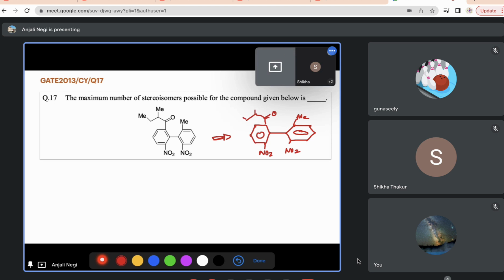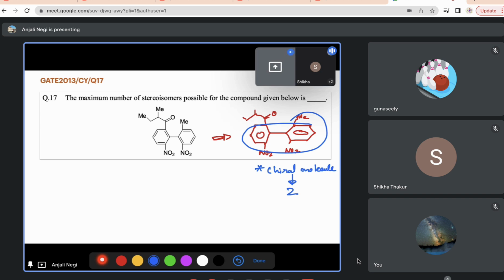Okay, so you can see that this particular biphenyl group is a chiral molecule, or simply we can say it has stereoisomers because of the stereochemistry of biphenyl, as we have just seen. So we have stereoisomers from here, so they will have a total of 2, correct.